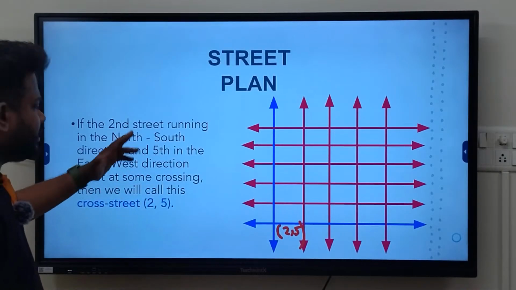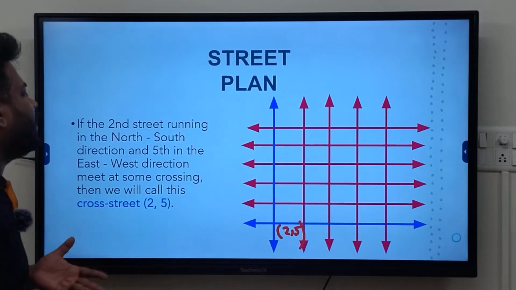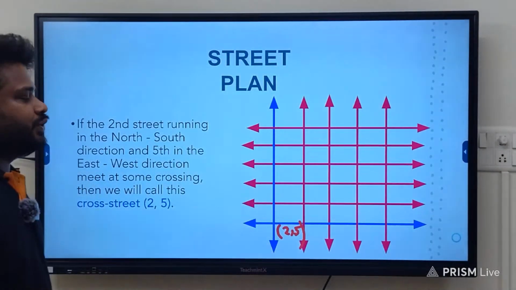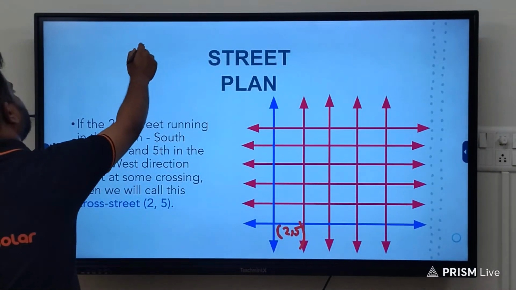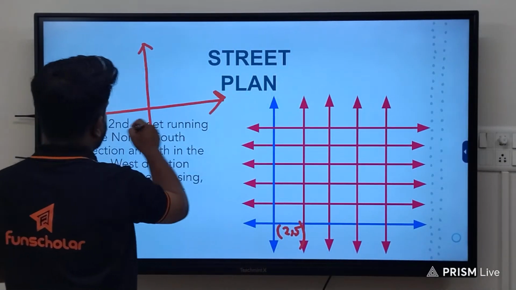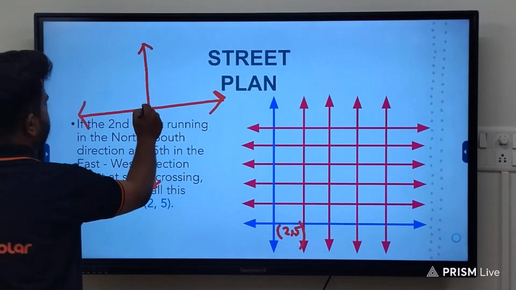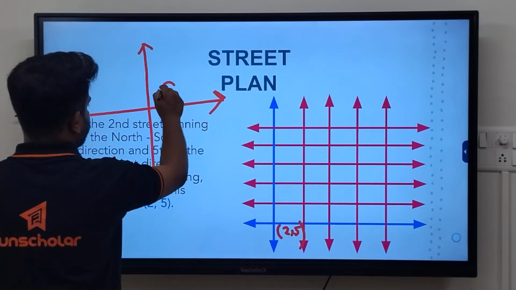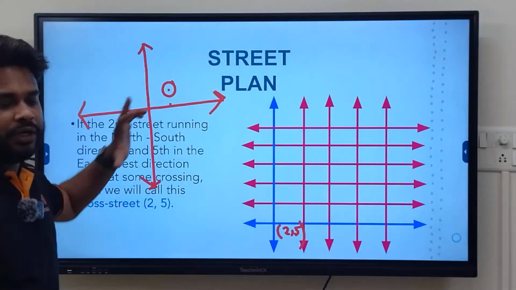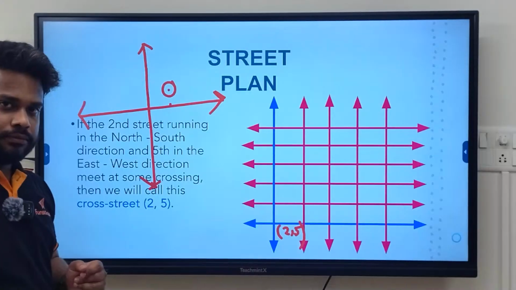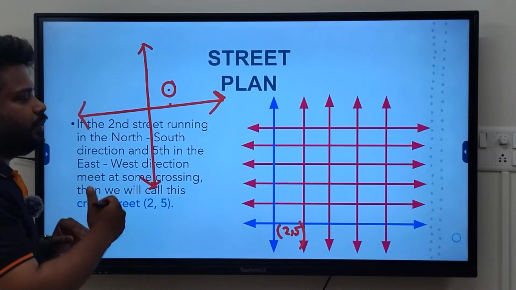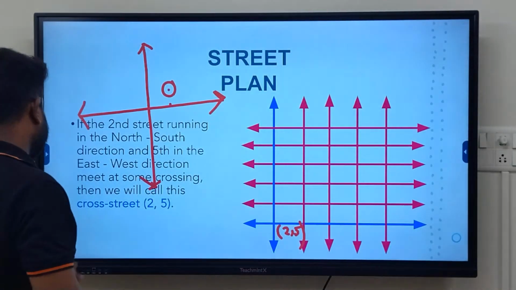Okay, so they have just told it, and now you may be wondering where this 2, 5 is coming from. This is coming from the plotting of points on the axes. Okay, right? And if you are wondering how we are doing this, maybe we will learn it in the further slides.